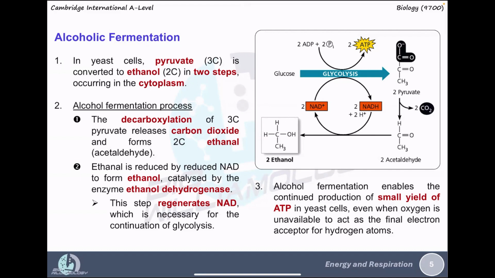In order to make sure that the glycolysis reaction continues, we must regenerate NAD. So the alcoholic fermentation pathway, which involves decarboxylation as well as the reduction of ethanal into ethanol, allows the regeneration of NAD, and with NAD present, glycolysis can continue.